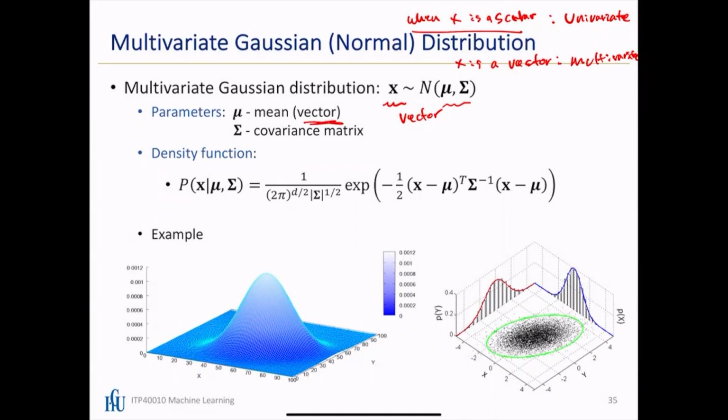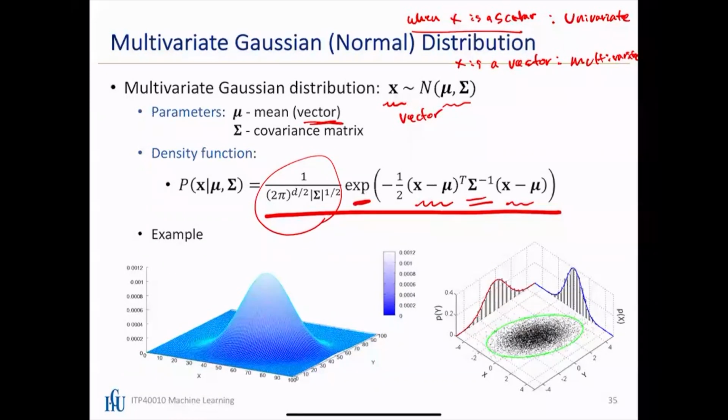And the PDF of the multivariate Gaussian distribution is given like this. It has a coefficient in front of it, an exponent, and the difference between observation and mean, normalized by the covariance matrix.